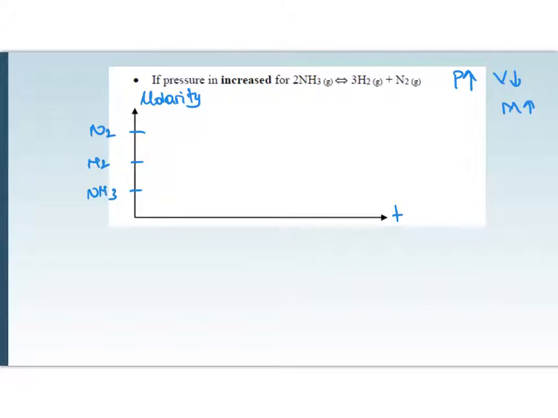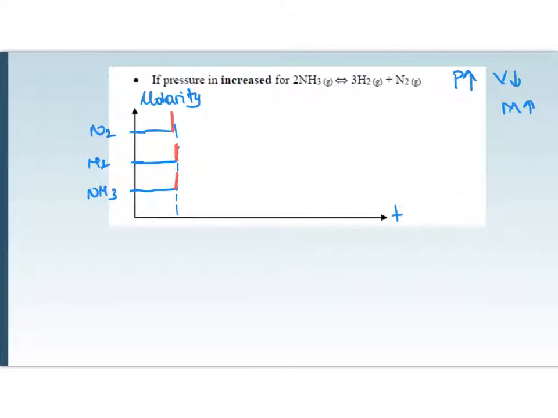I'm just making them up, writing in whatever order I like, so you can just do the same thing. First, they are at equilibrium. Please just draw the straight lines. Then show the effect that you have done. The effect that you have done was decreasing the volume, so increasing the molarity of each gas like this.